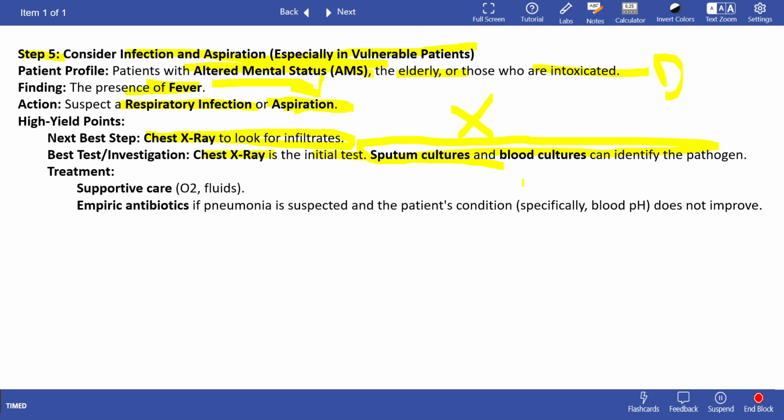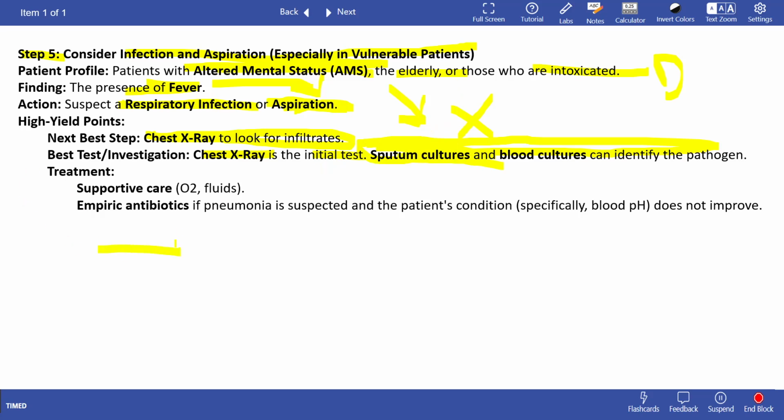We do this for, say, a sickle cell patient, or a patient that is very toxic, if the patient is in bad shape. So we go for these confirmatory tests, or otherwise we treat the infections, normally community acquired infections, empirically.